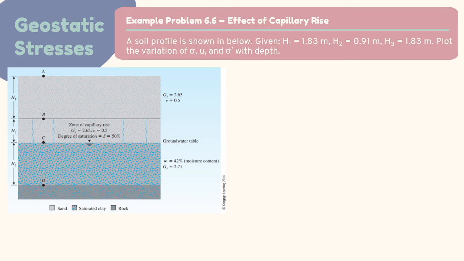Before we can plot the variation of the three stresses, we'll first have to determine the values of those stresses. But before we can compute that, we have to get the dry unit weight, the moist unit weight, and the saturated unit weight in these levels.